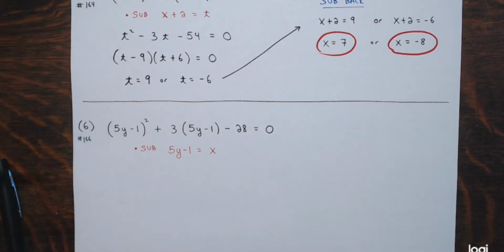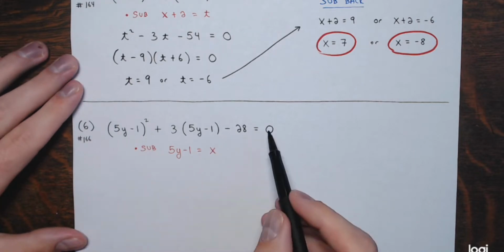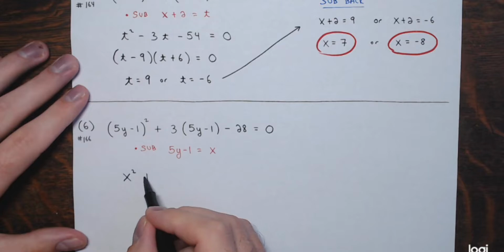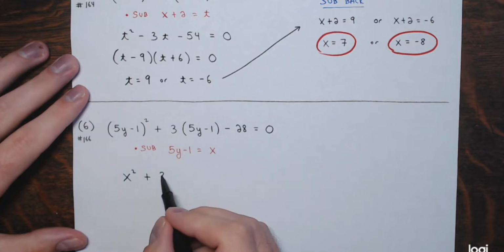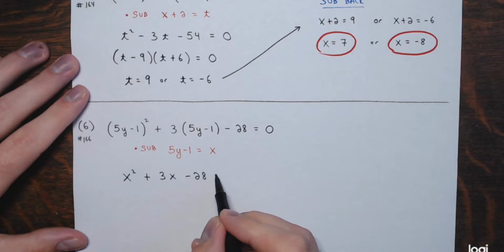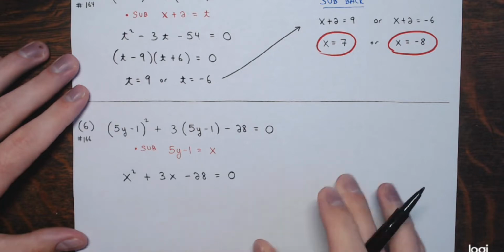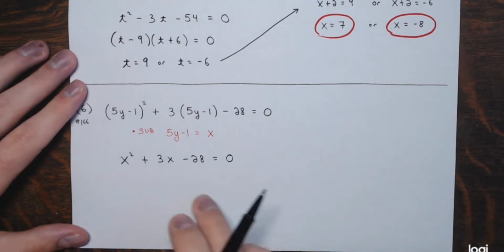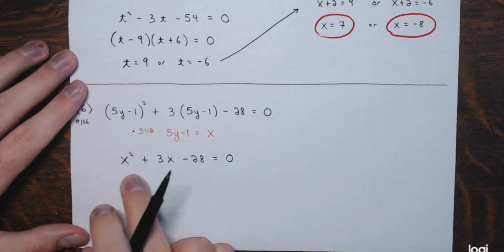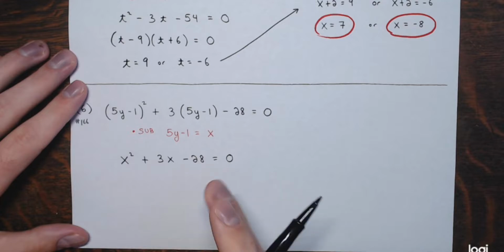Again, just some other variable. So that turns this equation into x² + 3x - 28 = 0. And now I have an equation that's quadratic in x, and I solve this for x.